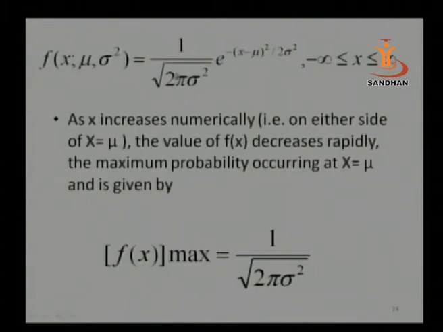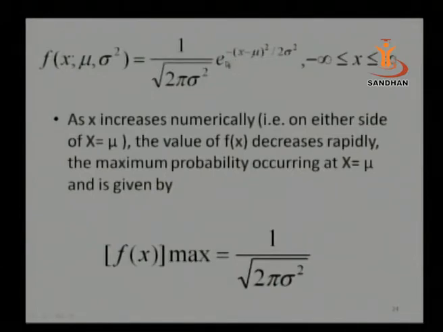Here, remember this PDF because we are going to use it. In this PDF the power of the exponent has a negative sign, right? So if we want to maximize this function of x, we have to maximize the total exponent part, and the power of this exponent will be maximized at 0 because there is a minus sign.